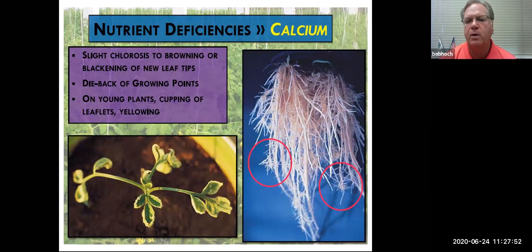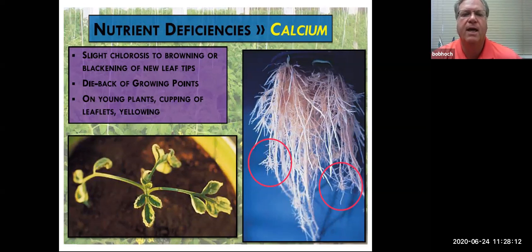A lot of these other nutrients have more active transport across the root, but calcium does not operate that way. So of all of the nutrient functions, I think of calcium as different than all of the other ones. If you don't have a good root system, it's going to be hard to keep the plants with sufficient calcium.